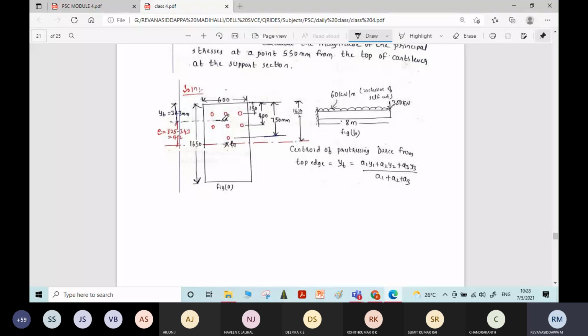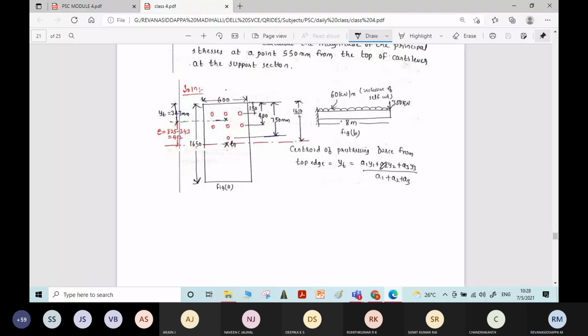If there is a single set of cables provided in a single row, it was directly the distance from the center of this one row of cables to the centroidal axis, the eccentricity. But here the bars are provided at different locations. First we need to locate the centroid of the prestressing force. After that you can find the eccentricity. To find the centroid of the prestressing force we have the formula.